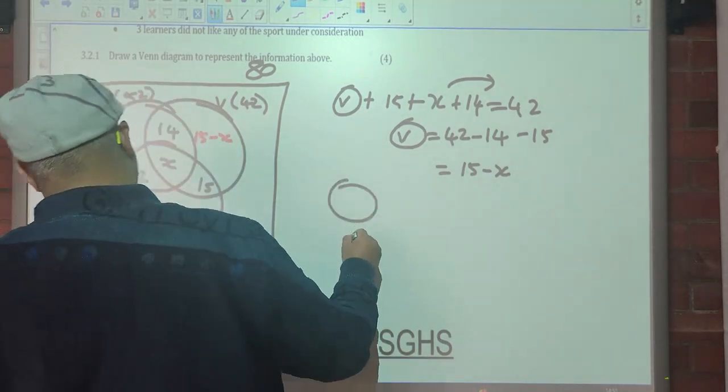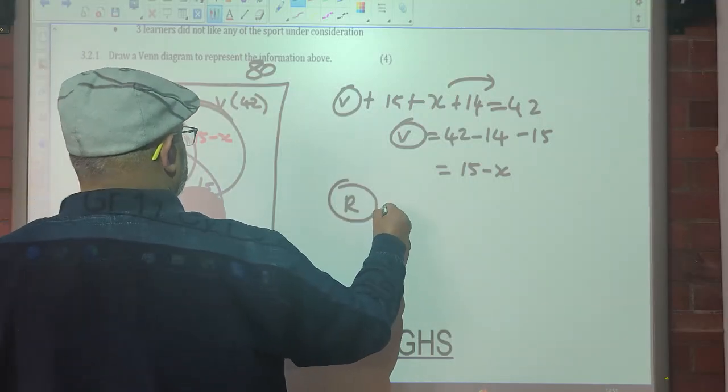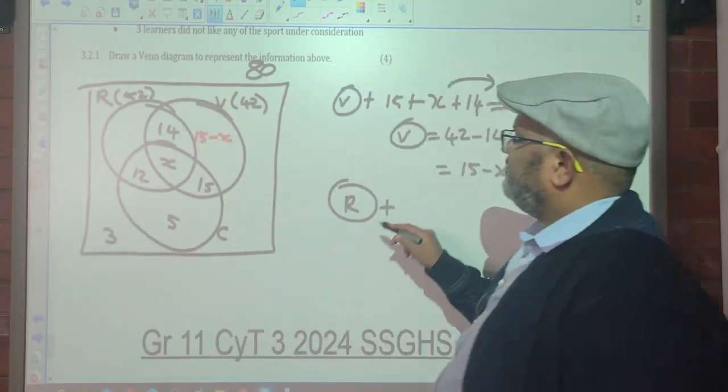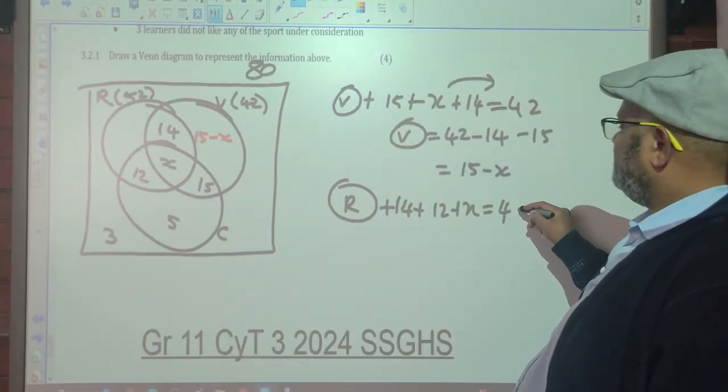So rugby only will be 14 plus 12 plus x equals 52.